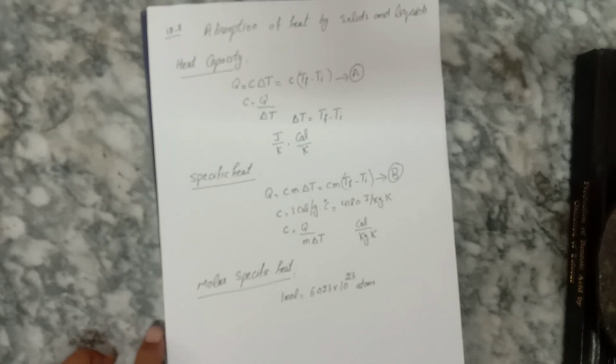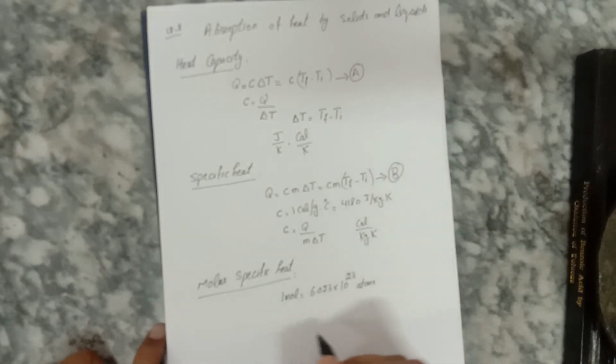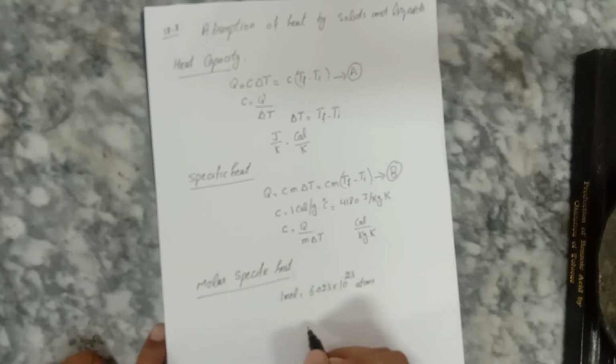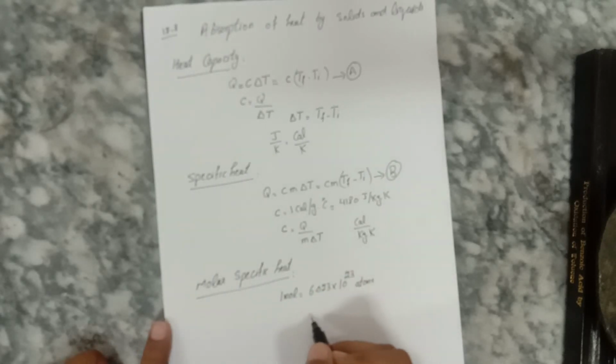And when you have material in terms of number of moles, then the specific heat would be the molar specific heat, and its unit would become: Q is in joule, the substance mass is now replaced by number of moles, and temperature is in Kelvin.